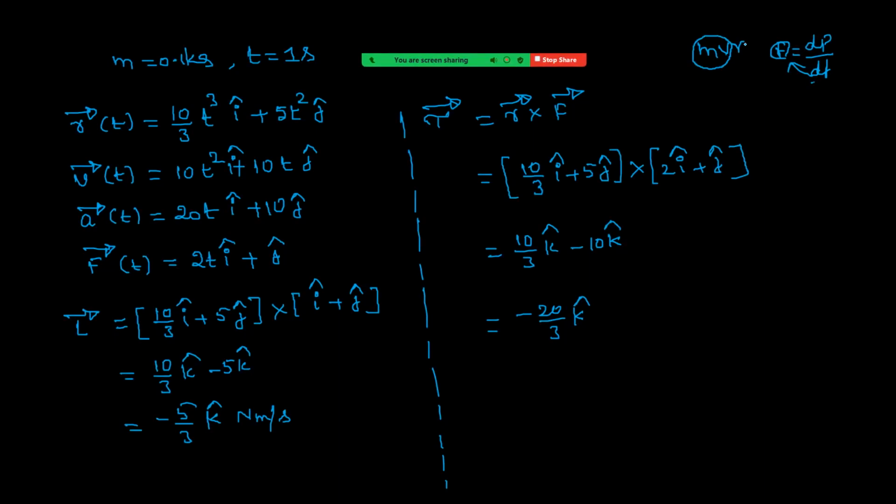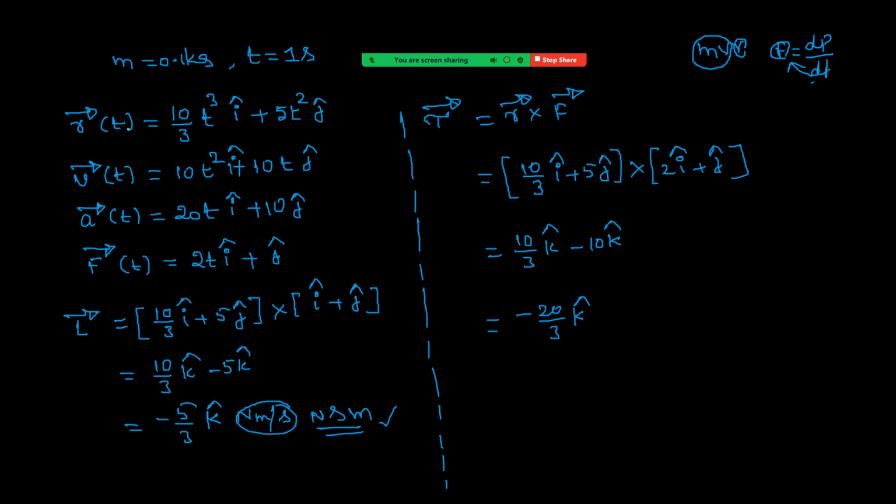Newton second, and this is our meter. Newton second meter, right? Cross check once. I'm taking net force equal to dP bar by dt. For momentum, force is Newton, this is second, Newton second. That is momentum. R is there, that is meter. Newton second meter. Okay. Units. Right.